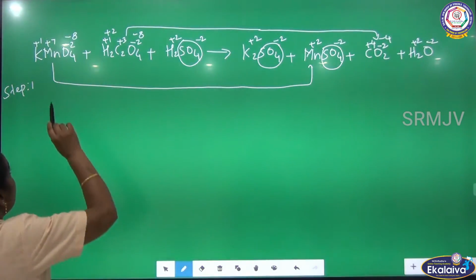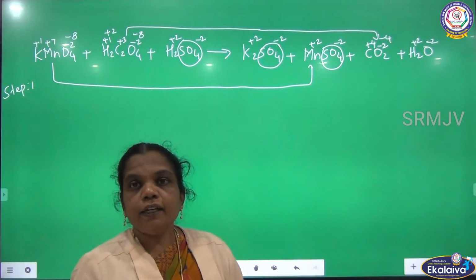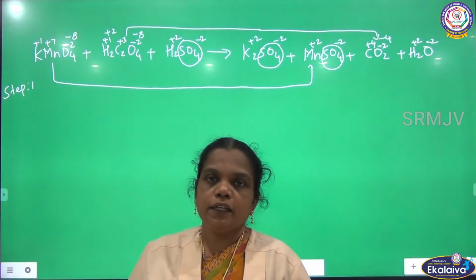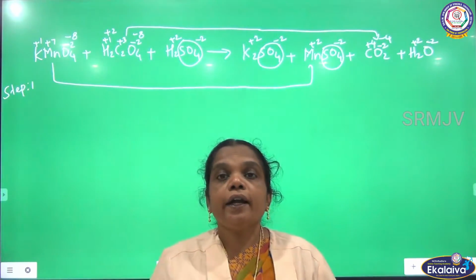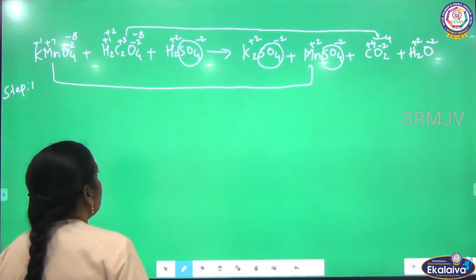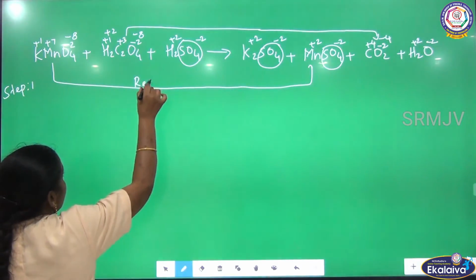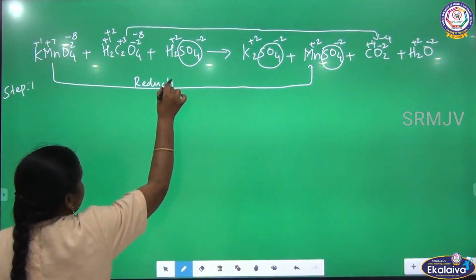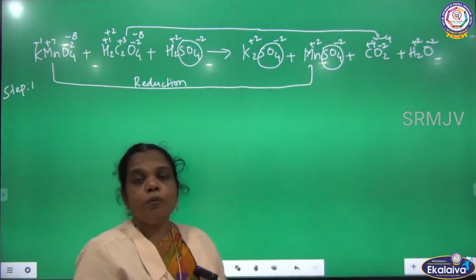So now here +7 to +2. What I said? Decrease in oxidation number. Decrease in oxidation number means that element undergoes reduction process, so gain of electron. So manganese undergoes reduction, and then carbon +3 to +4.